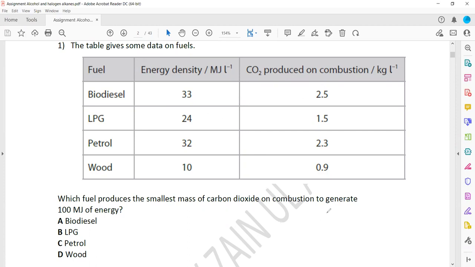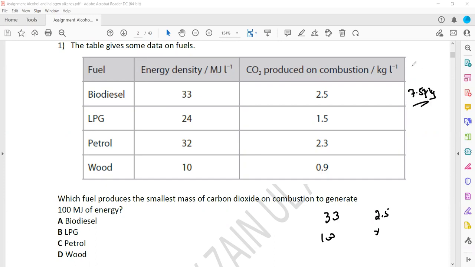If 33 megajoules produce 2.5, then 100 megajoules will produce X. Cross multiply, so it will be 100 into 2.5 divided by 33. So if we produce 100 megajoules, it will produce 7.57 kilogram of carbon dioxide.